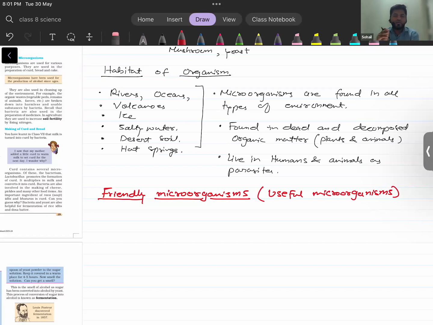Lactobacillus is used to make curds. And remember yeast, a type of fungus that is used in the process of bread making, and in the production of alcohol. You see, there are so many microorganisms that are used in the production of medicines also.